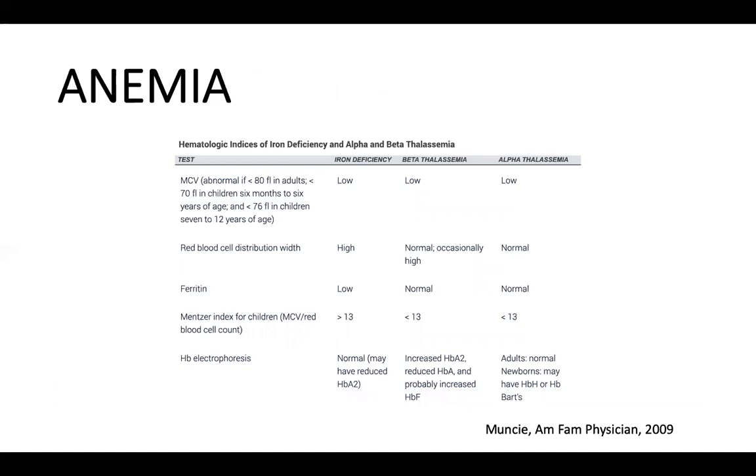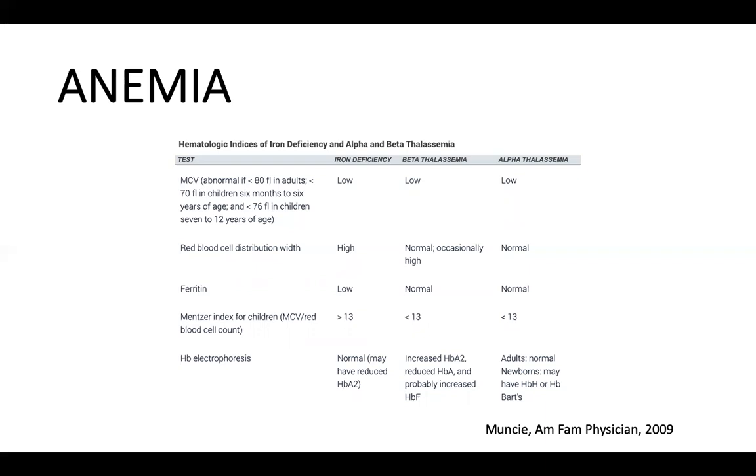So anemia is very common in pregnancy. And most of the time it's iron deficient, especially in multiparous patients. Iron deficient anemia is associated with a low MCV, whereas beta thal and alpha thal are also associated with a low MCV.